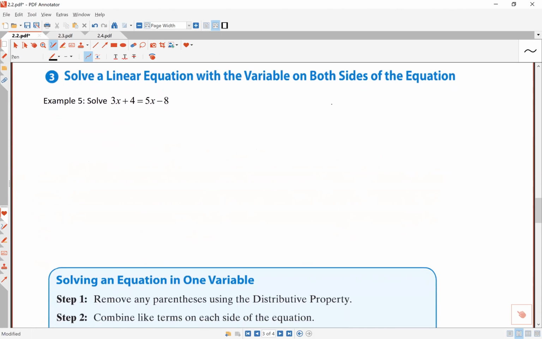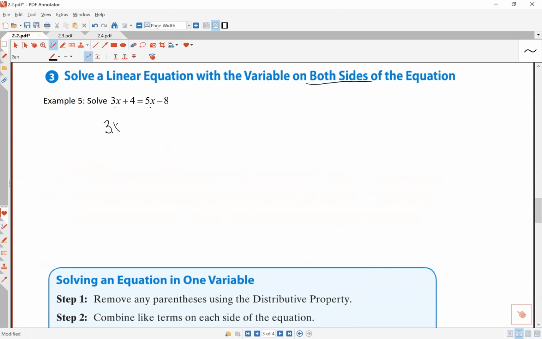Now, if you have like terms, but they're on different sides of the equation, since the 3x and the 5x are on different sides of the equation, I need them to all be on the same side. So I say, let's get rid of the 5x on the right-hand side.